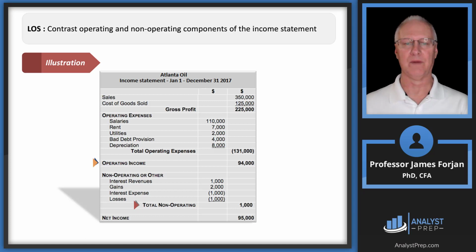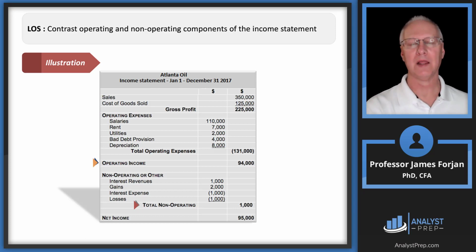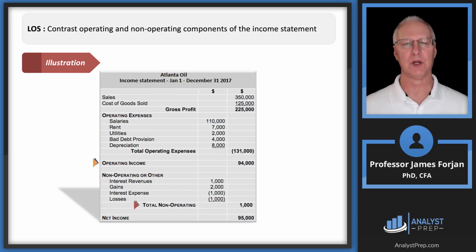So we need to do something with that. What we do is take that 95 in net income and waddle on over to the balance sheet and throw it into the total equity portion of the balance sheet. Remember, total equity represents the ownership of the business, and so that's where shareholders reside.